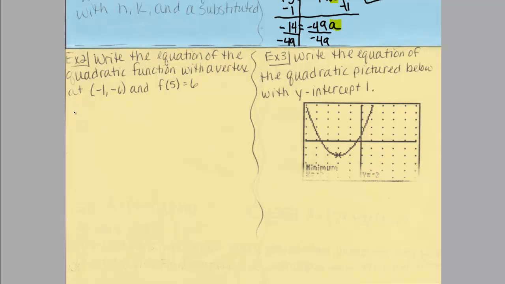Okay. Again, we have y = a(x - h)² + k. That's not going to change.